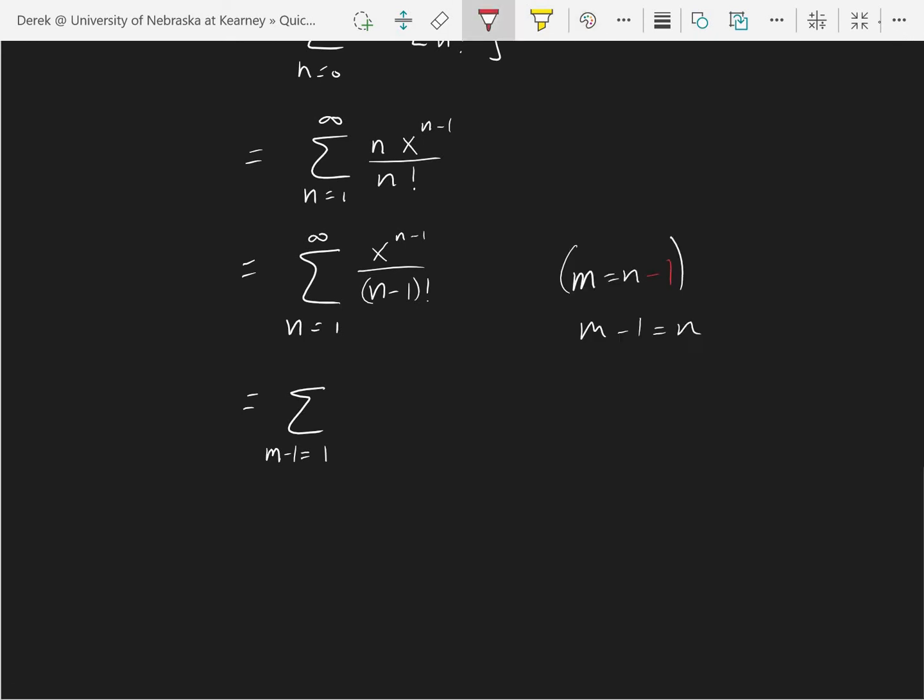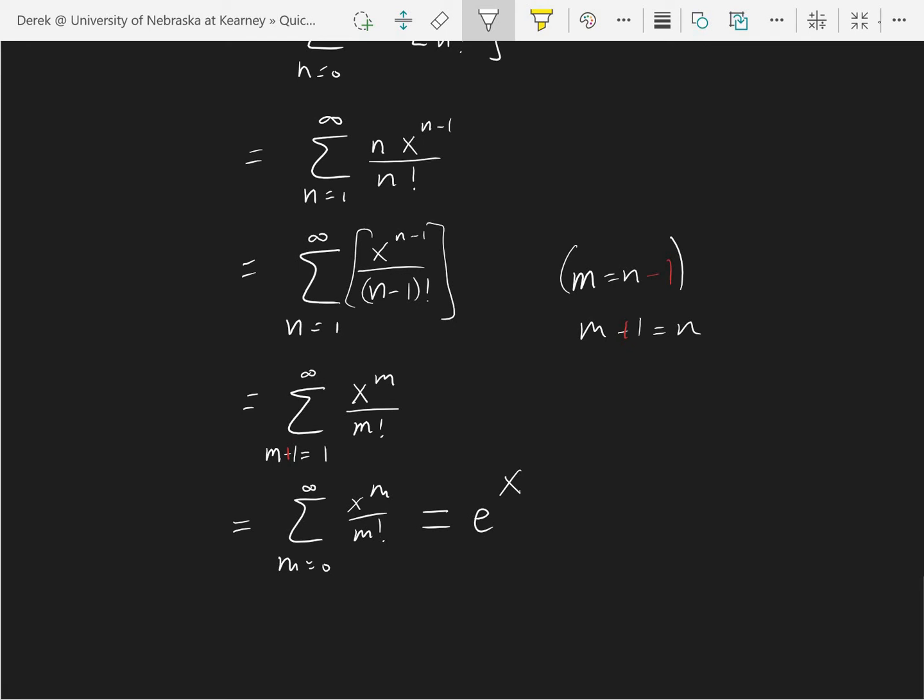So I want a minus 1, and that's going to make that a plus 1. Okay, and I'm just changing my index. So n minus 1 is m, and that's going to be an m factorial. So I haven't actually changed any of the values that I'm adding up. I'm just changing what the variable is. And I'm starting from m plus 1 equals 1, so that's the same thing as m equals 0 up to infinity of x to the m over m factorial, which by definition was e to the x again.